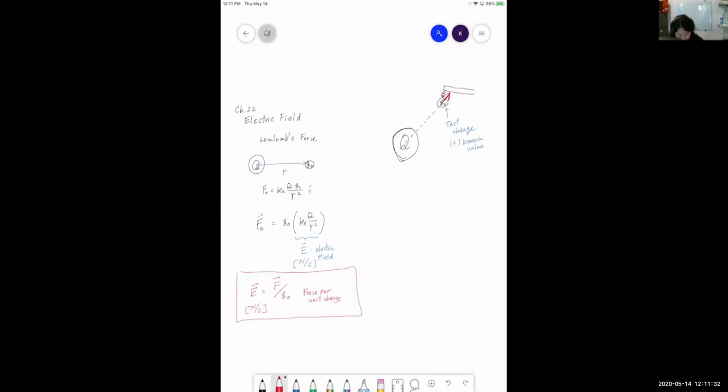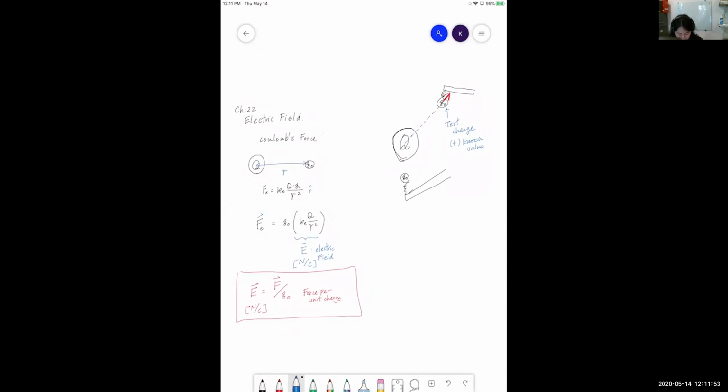And what happens if you bring it closer? If I bring this test charge over here, closer with this stick, what do I measure? What is the force now?